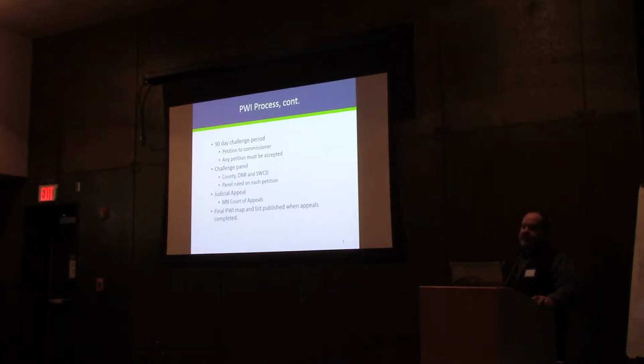Anybody that didn't like the decision of the challenge panel could sue, basically. And so the DNR sometimes would challenge the findings of the challenge panel. The county would challenge us. Individual landowners would challenge it. You could have a third party, an NGO like Pheasants Forever, file a lawsuit against these decisions. So at the end of that process, when all the appeals were completed, then the final map and list were published.